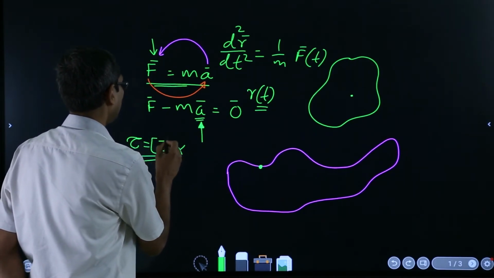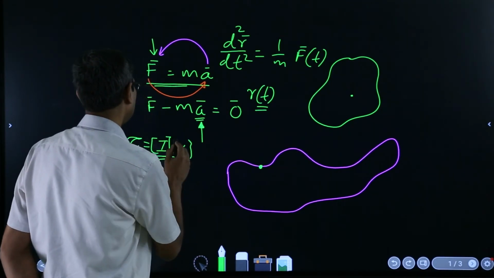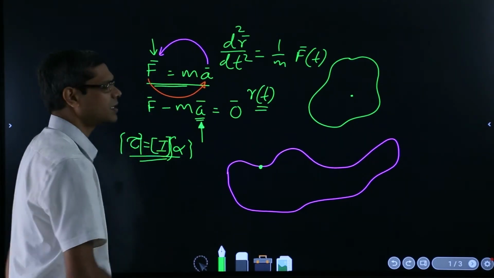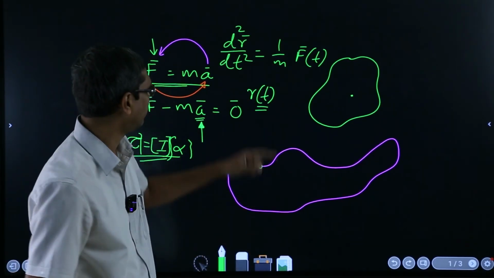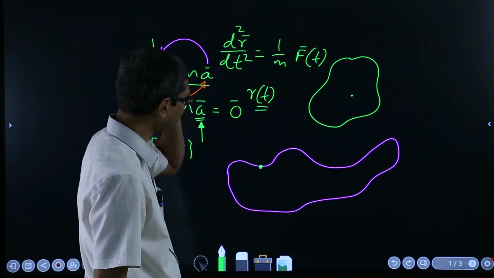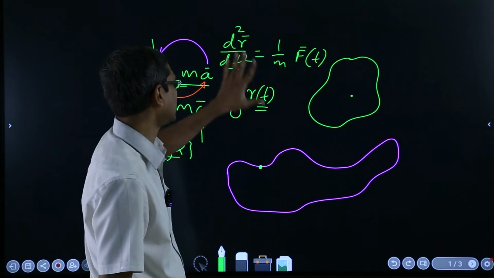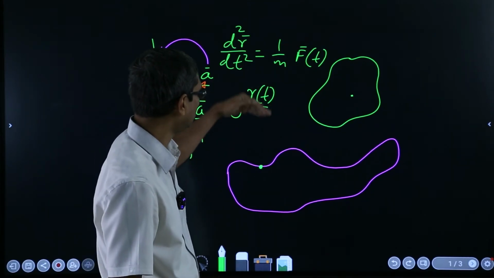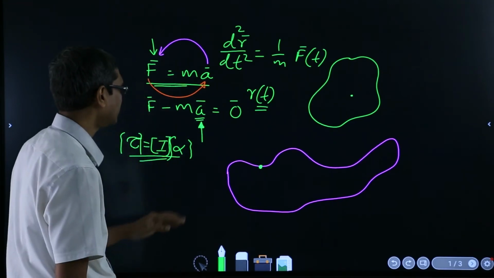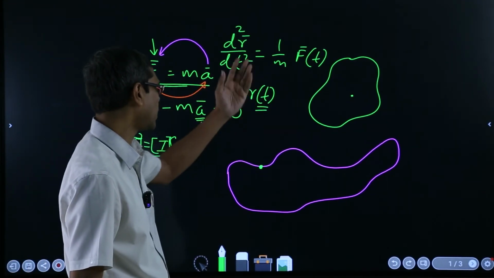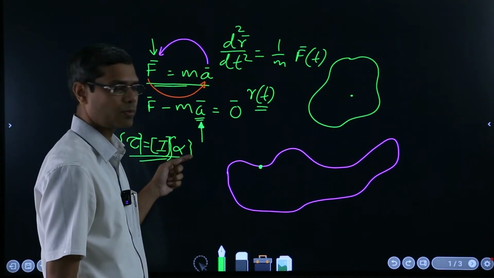This will become a tensor, and these are vectors, and the differential equations which we will get will in a way be coupled. Here the equations are not coupled, so solving this differential equation to get the displacement as a function of time is quite easier than solving this to get the angular displacement.